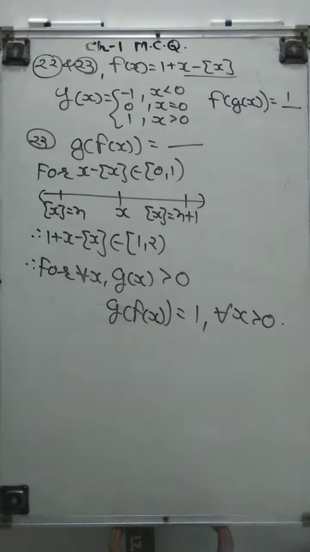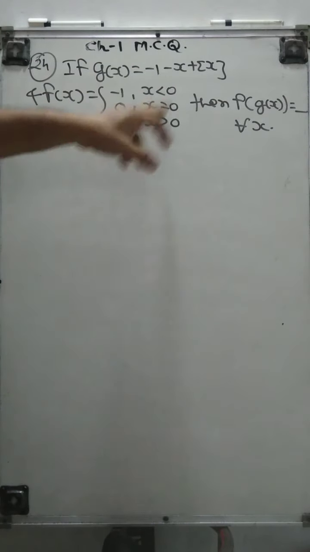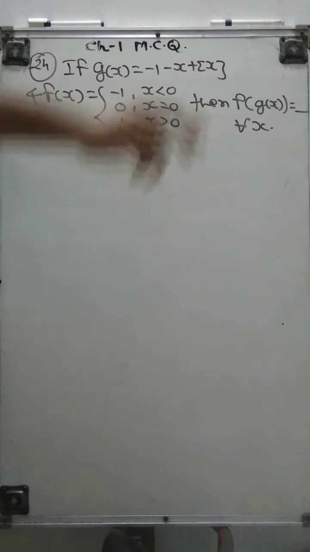Now we go for the next one, which is the 24th sum. It is also the same kind of sum, but there is a difference in the given function, so we do it. The logic is the same, but we still do the sum. If g(x) = -1 - x + [x] and f(x) = -1 for x less than 0, 0 for x = 0, 1 for x greater than 0, then what is f(g(x))?